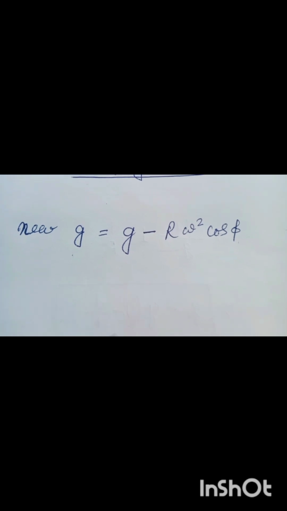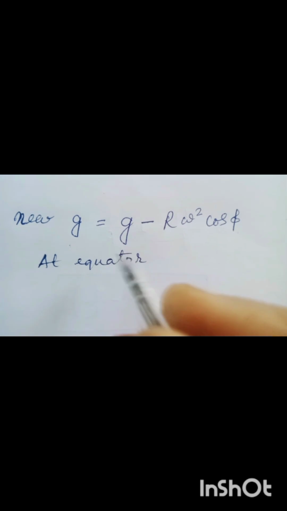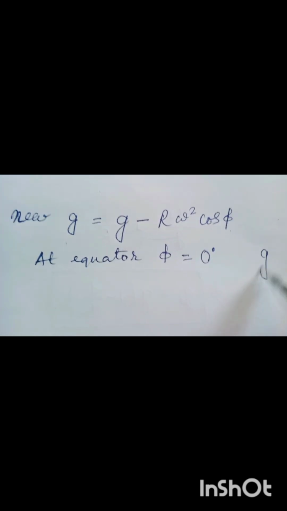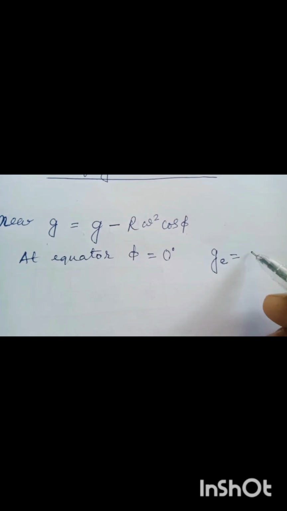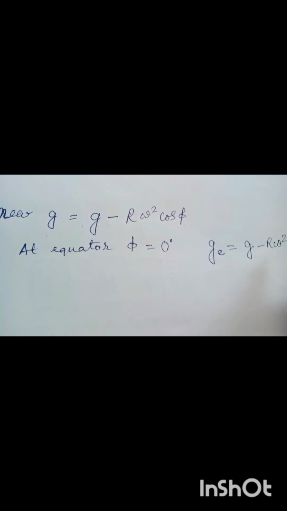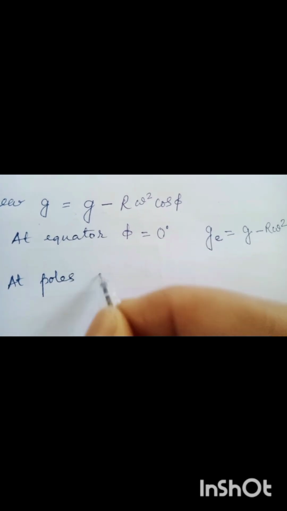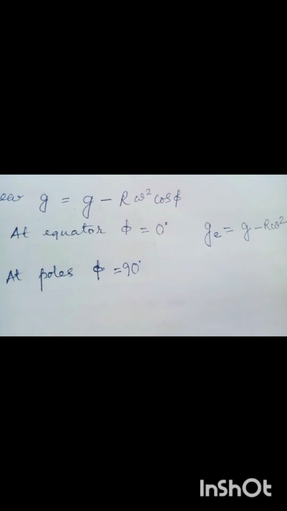So at the equator, the value of latitude phi is equal to 0 degree. Therefore, acceleration due to gravity at the equator is equal to g minus R omega square, and at the poles, the latitude phi is equal to 90 degree.